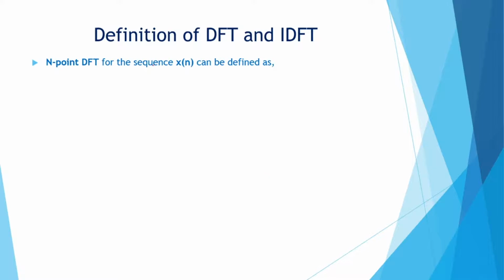So, the N-point DFT for the given sequence x of n is defined as X of k, where k refers to the frequency component, which is equal to summation n equal to 0 to N minus 1 x of n e power minus j 2 pi by N into nk, where k varies from 0 to N minus 1.